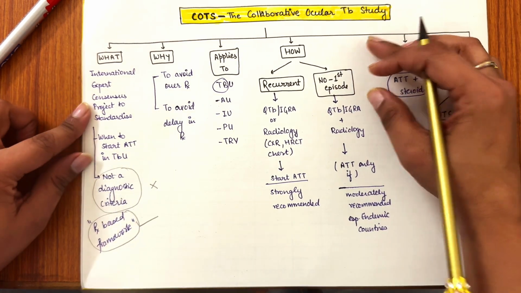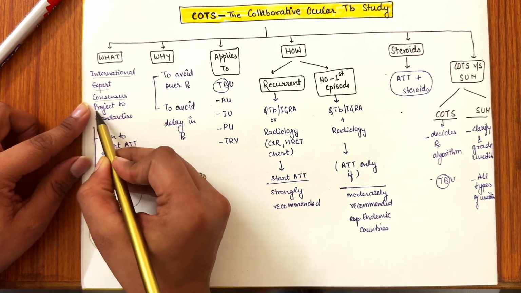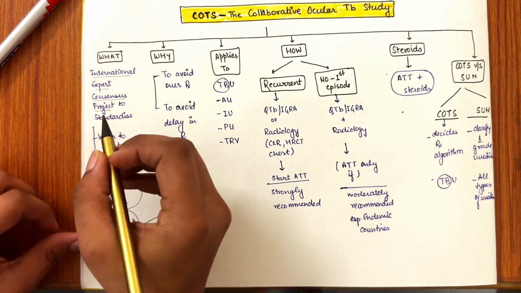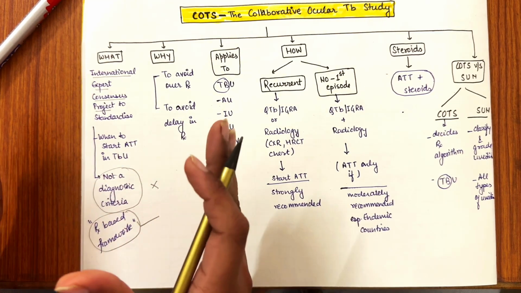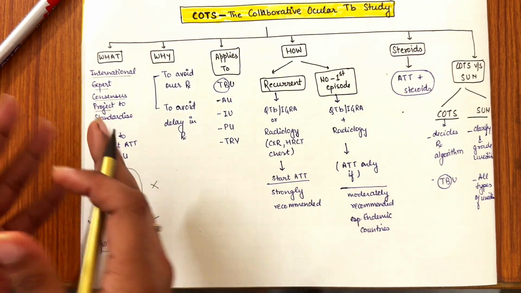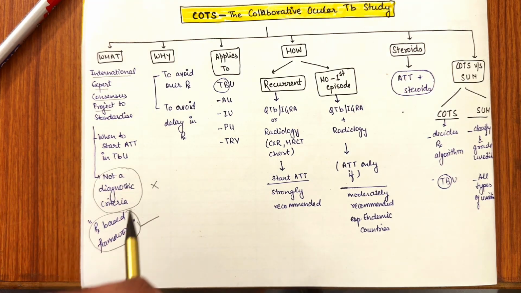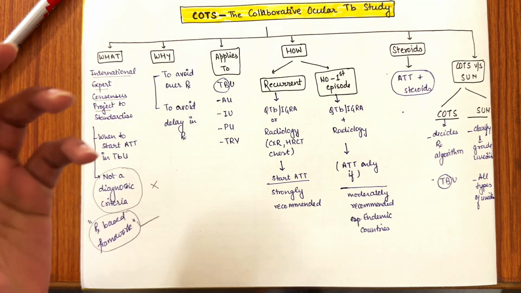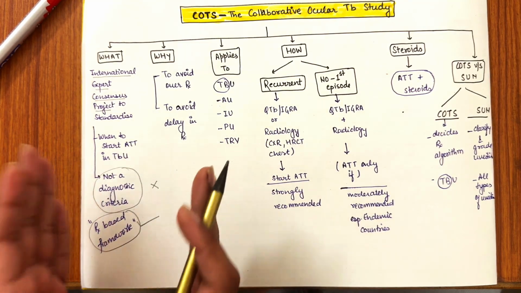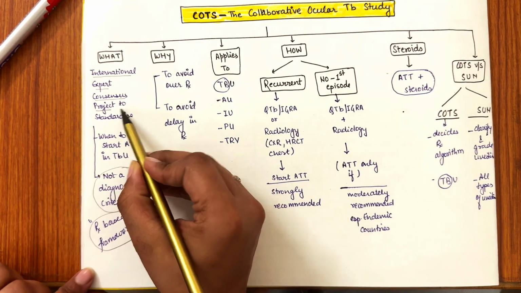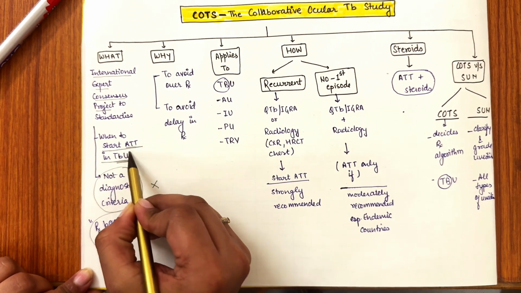COTS is an international expert consensus project. In India, where TB is endemic, this becomes extremely important. Before COTS, there was great confusion about when ATT should be started and which tests to follow. So this project was taken to standardize when to start ATT in tubercular uveitis.